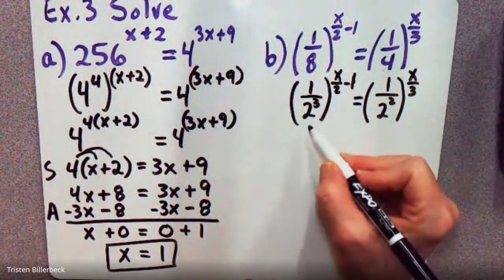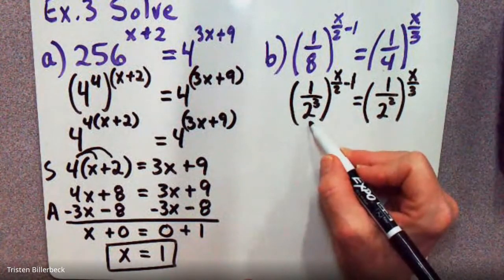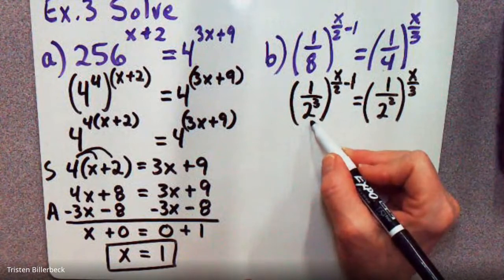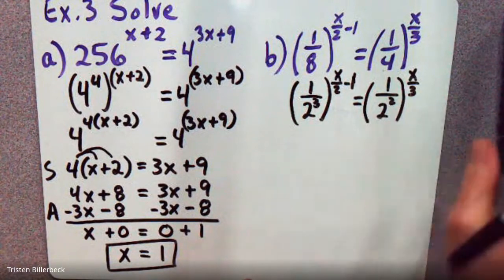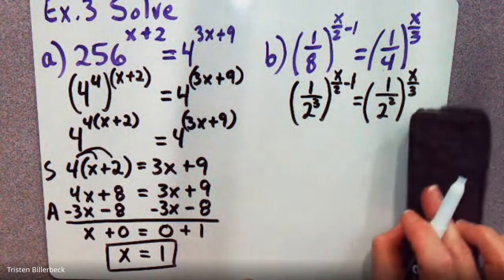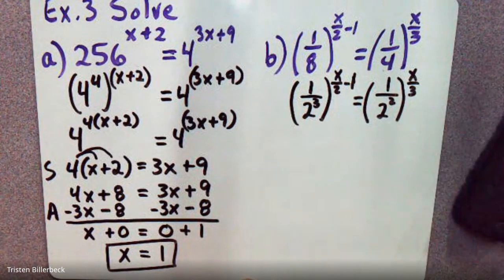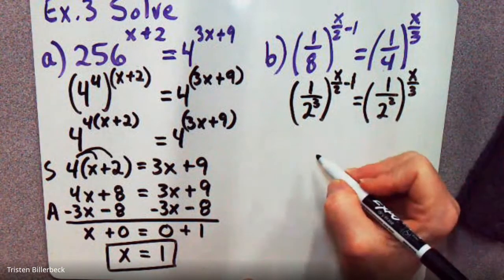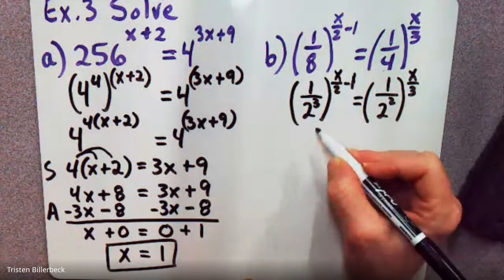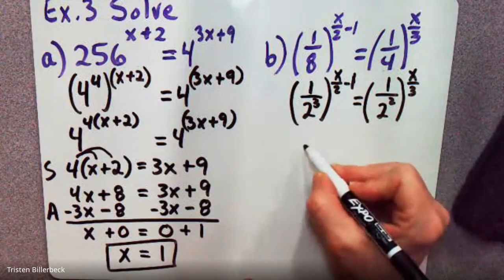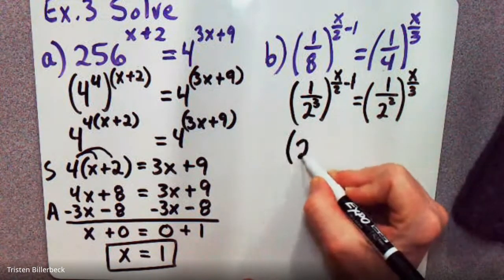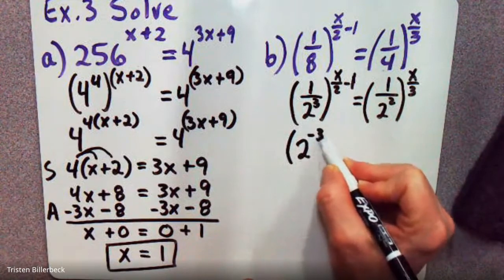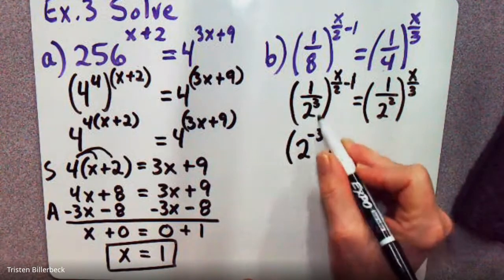So now I don't want this base in the denominator, I want it in the numerator. So I'm going to make it like an angry teenager. I'm going to put it where it doesn't want to be. And how do you feel when you're angry? Pretty negative. So now I'm going to take this and put it up in the numerator and make it a negative exponent.